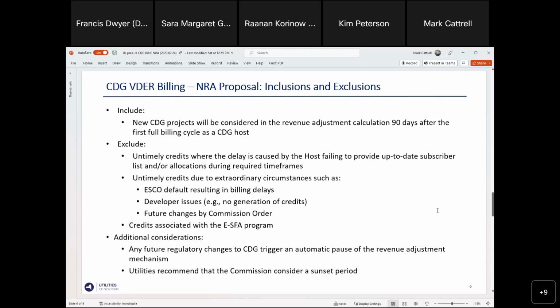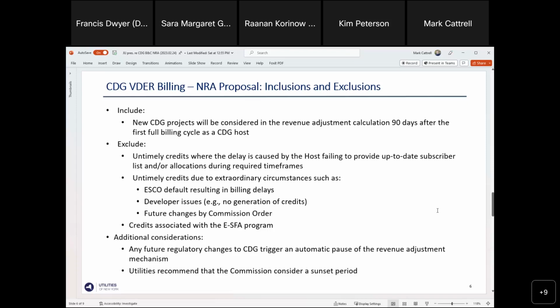This is Kim. I'll just jump in while we're waiting. I think our thinking in this was that the host has to bill in order for credits to be applied to the satellite, right? That's a pretty obvious statement. So measuring the timeliness of the credits applied to satellites was really important.